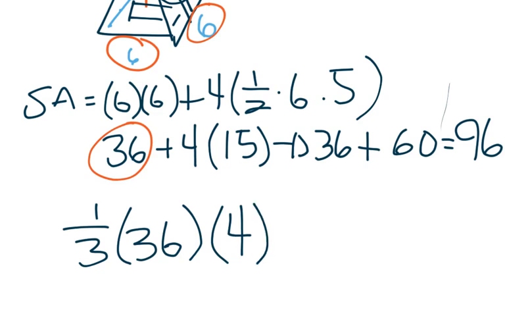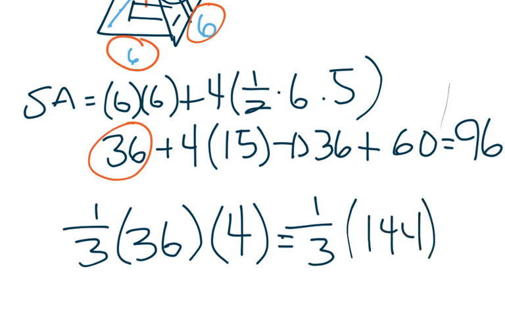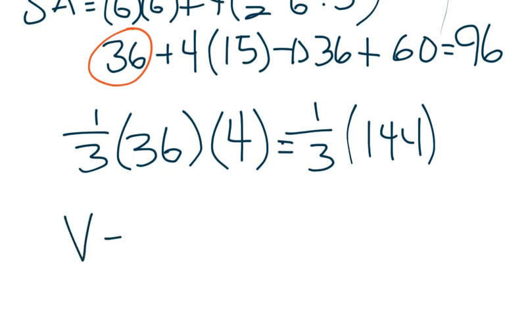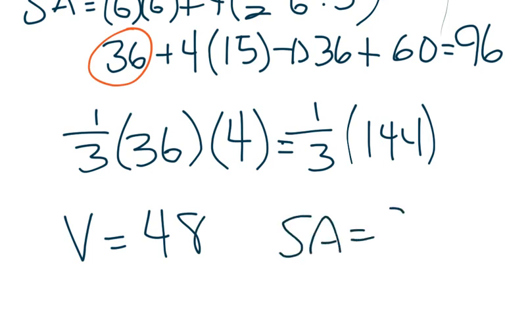So let's see, 36 times 4 is 144. So we have 1/3 times 144. So 144 divided by 3 is 48. So the volume equals 48, and our surface area equals 96.